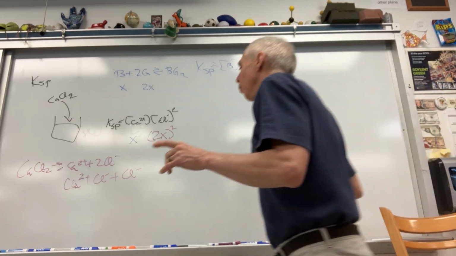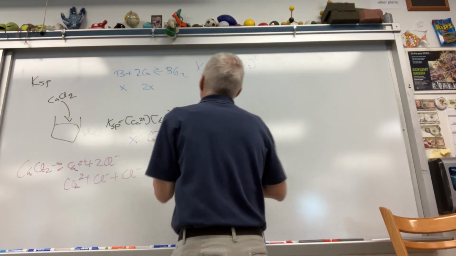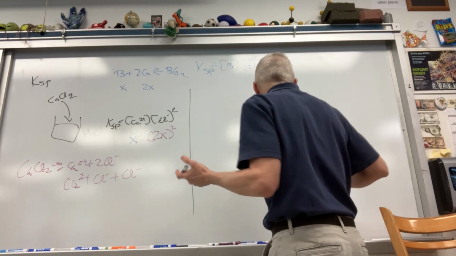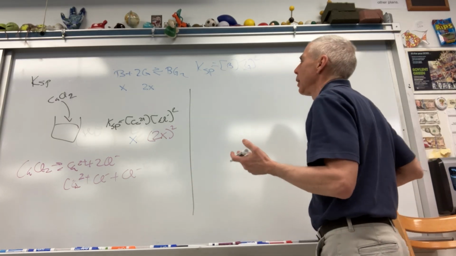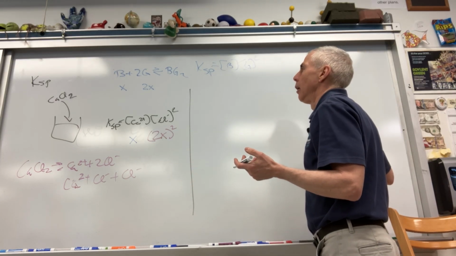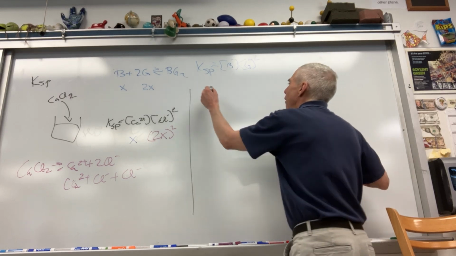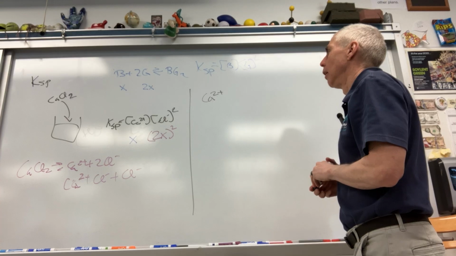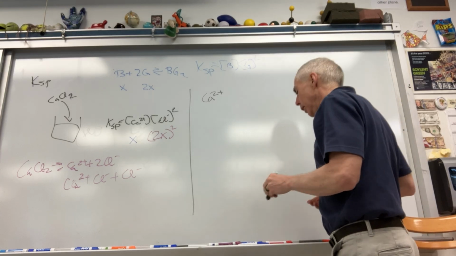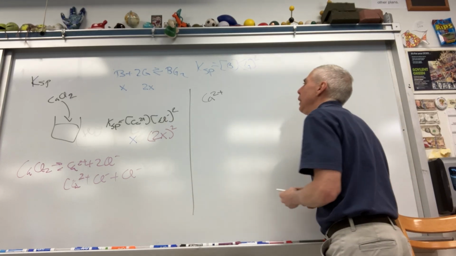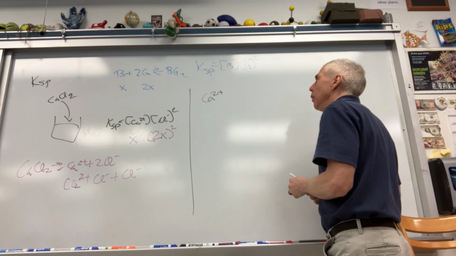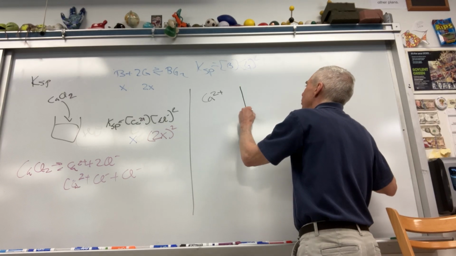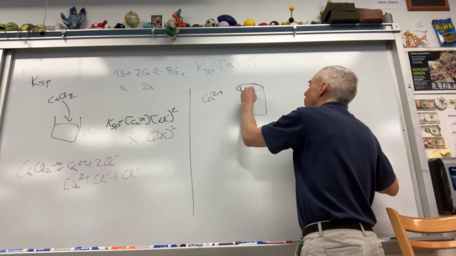Now, what we were just talking about is the idea of precipitating something out. Let's say I have calcium in my water and I want to get it out of there. So I'm going to introduce some chlorine. So I have a solution of chlorine.